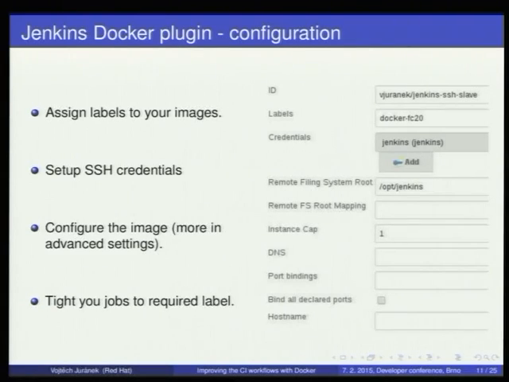The top two fields are the important ones. You specify the ID of the Docker image and then assign a label to it, and then probably provide some credentials for how to SSH to the machine. And you have plenty of other Docker options which you can specify, but this is not important right now.